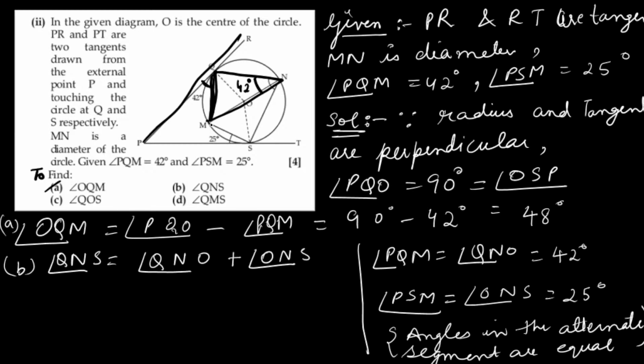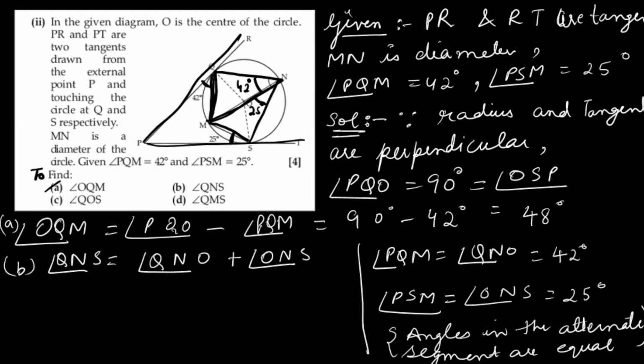Same way here, MS is chord, and PT is a tangent. So this angle is between chord and tangent. If you extend lines from M and S, we are getting angle N on the circle. So that means this angle is equal to 25 degree.